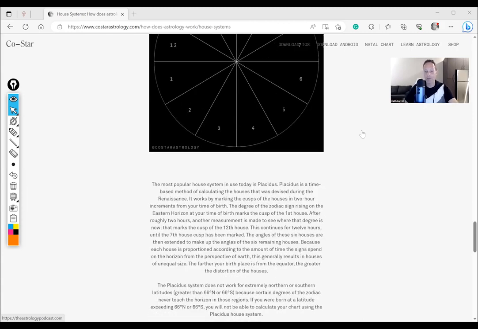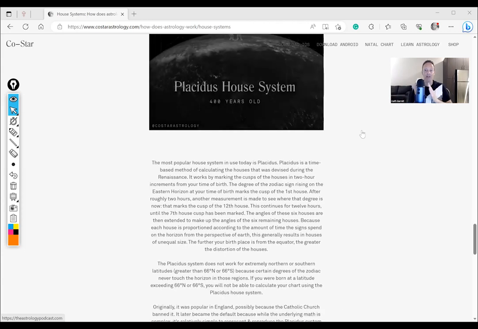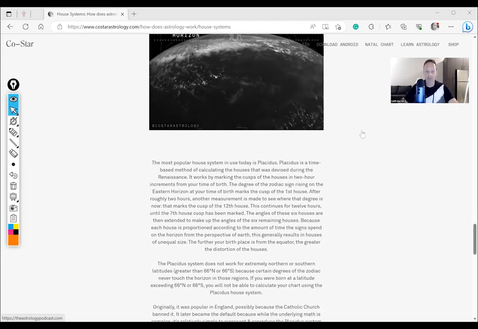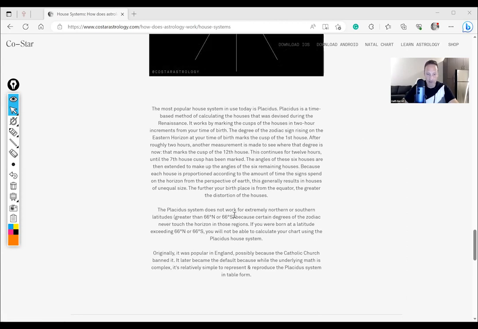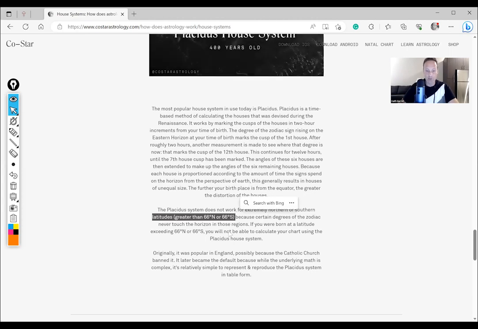So this would not be usable. So then the whole signs house system would be something that could be used there. And it says it right here: latitudes greater than 66 degrees north or 66 degrees south, this would not be a good house system to use.